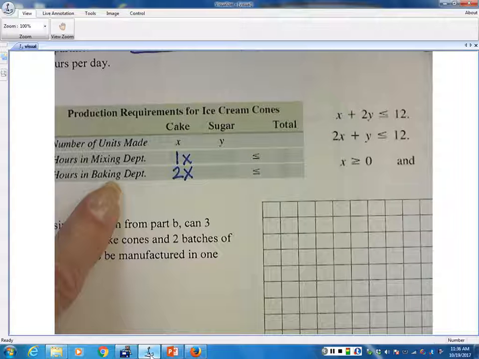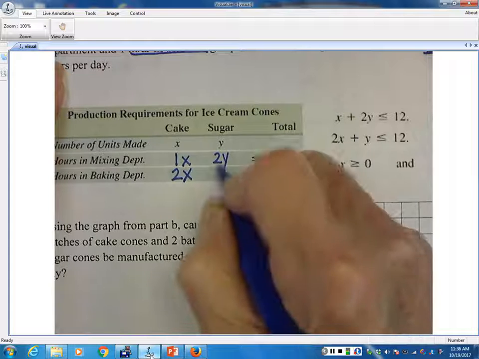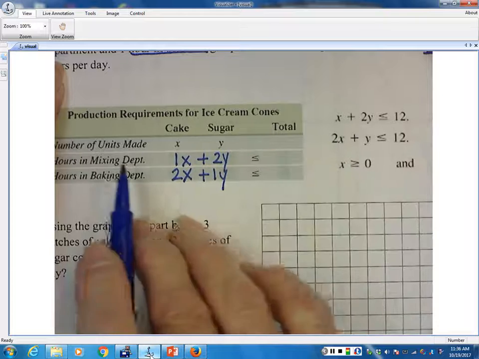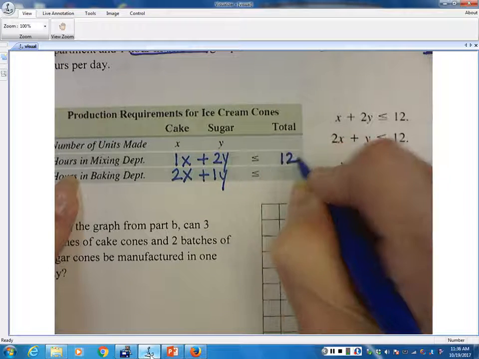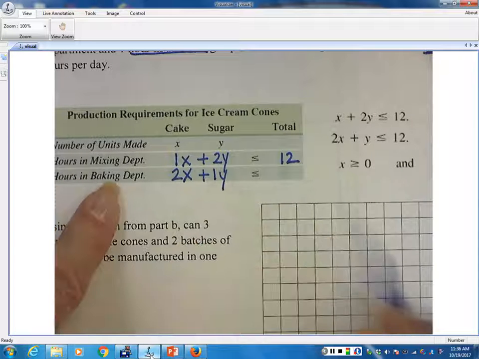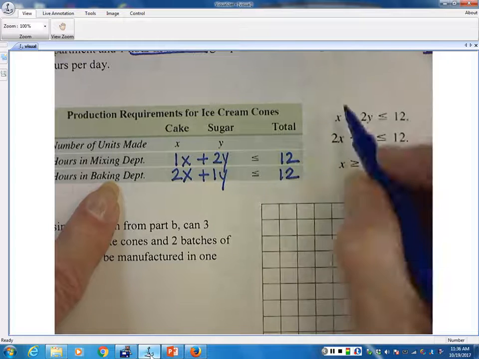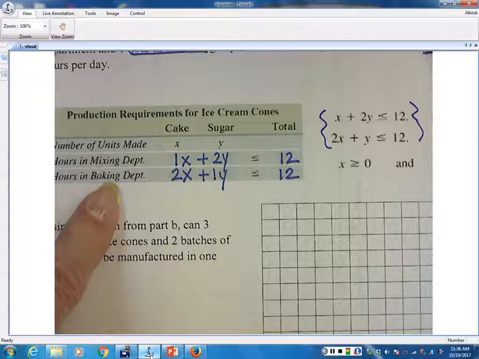And the sugar cones take 2 hours in the mixing department and 1 hour in the baking department. And when you add all the hours together for the mixing department, it can't be more than 12. And when you add all the hours together for the baking department, it can't be more than 12. And that gives you your system of inequalities to start with.